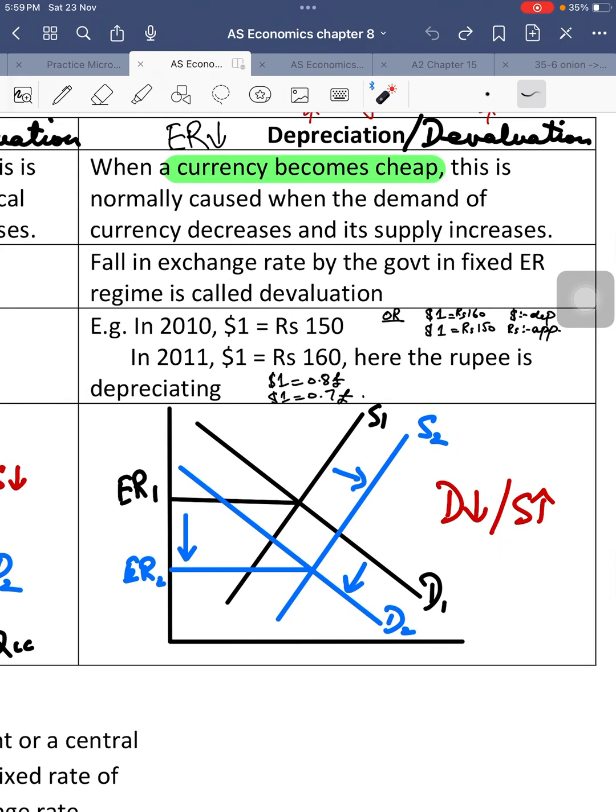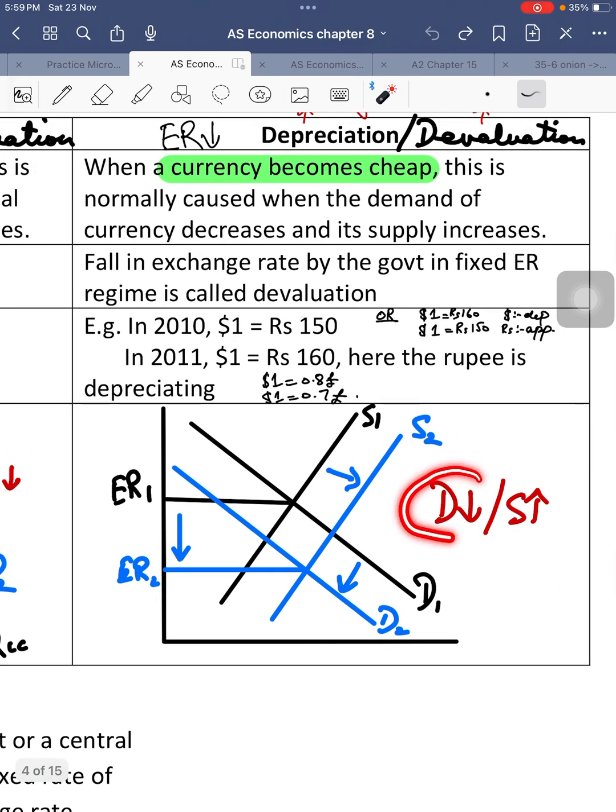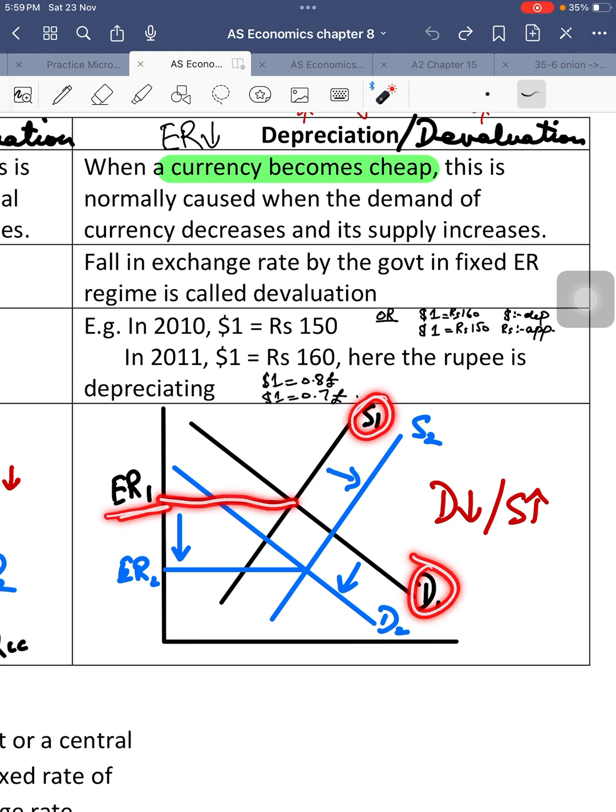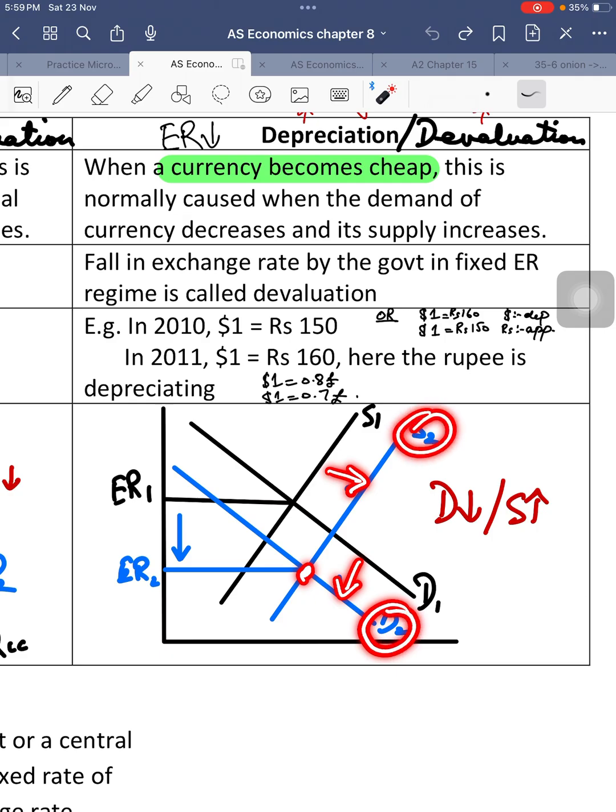When does this happen? This happens when the demand for the currency falls or when the supply of the currency rises. Again, as you can see in this diagram, D1, S1 are the old demand and supply curves, and ER1 is the old exchange rate. So when the demand for the currency falls, or when the supply of the currency rises, the new equilibrium is here where D2 and S2 are meeting.